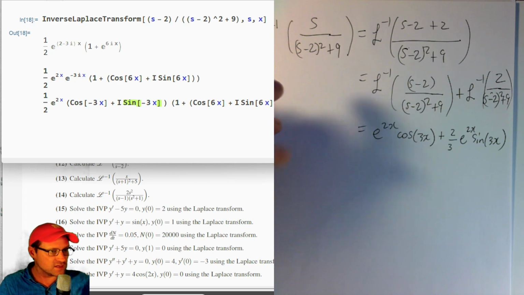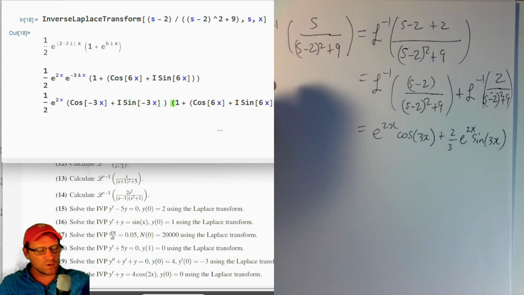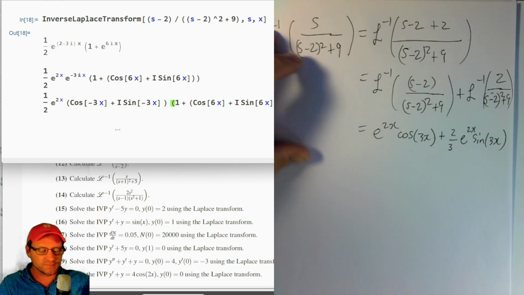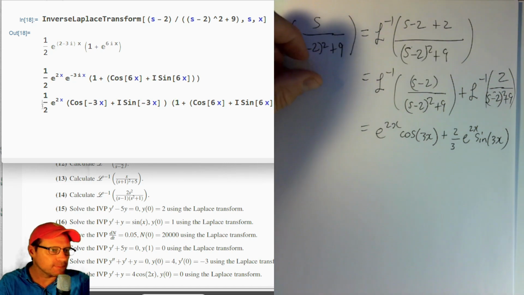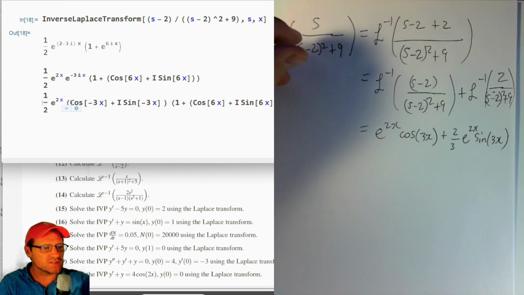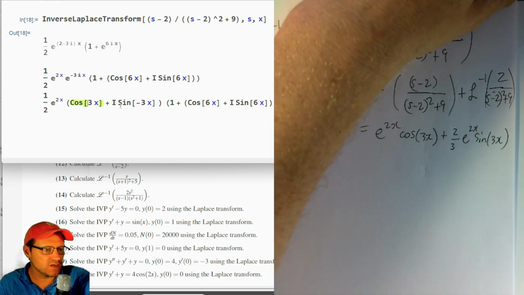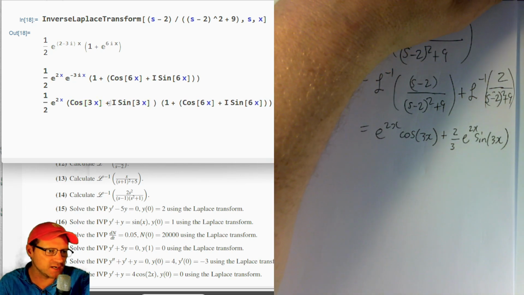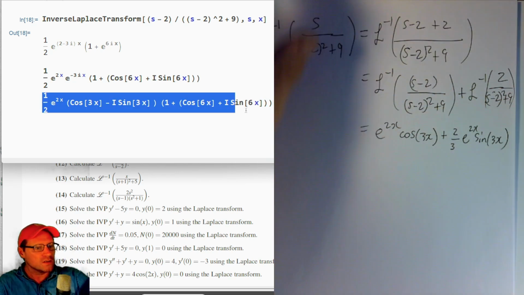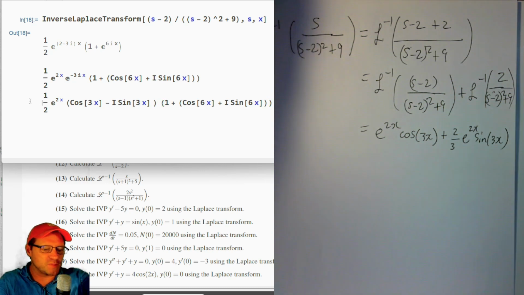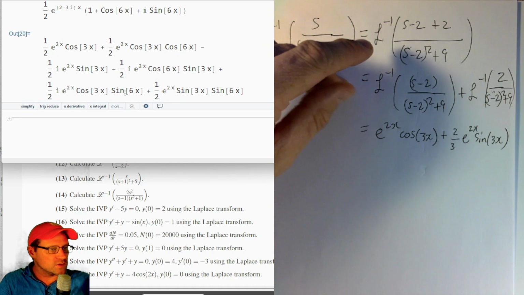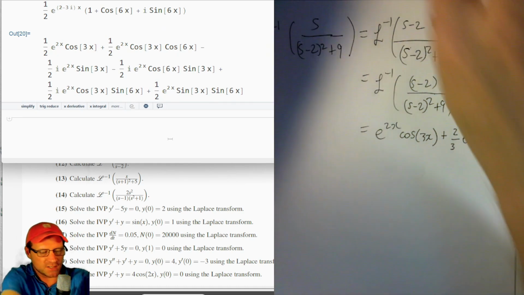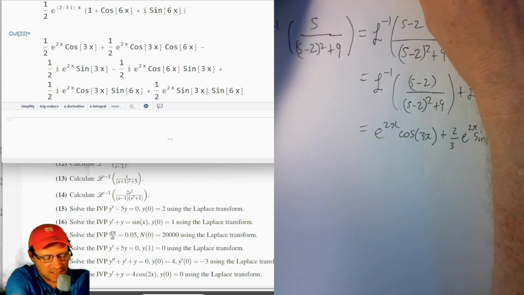Okay, so we have this, and now we might want to expand and collect like terms or use various trigonometric identities to see that we get this. Okay, so cos of minus 3x is cos of 3x, sine of minus 3x is minus sine of 3x. So if we were to expand this, well, we get a bit of a mess, don't we? How about I just verify this another way without using identities?